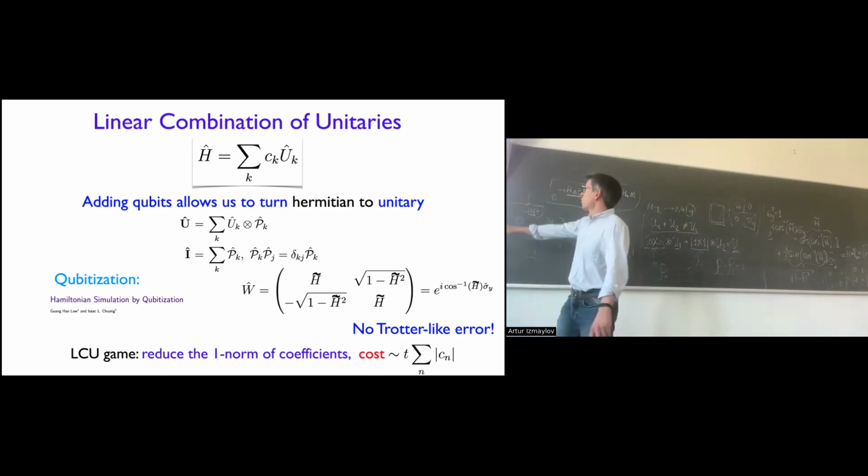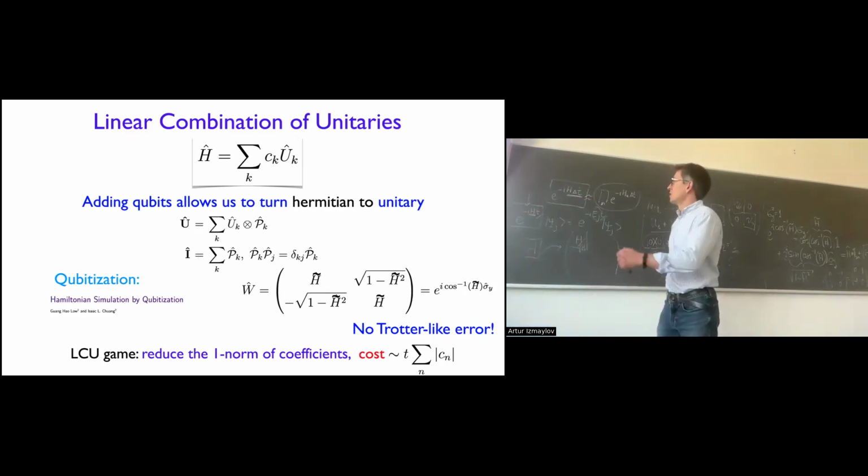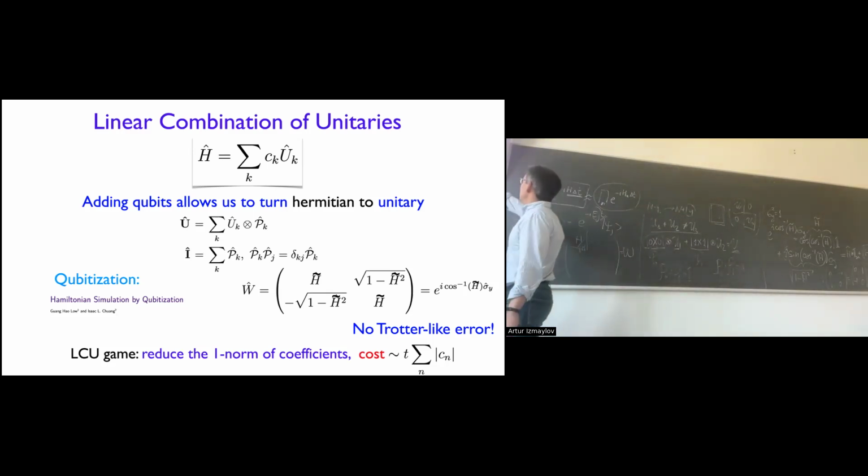Now, why this form is nice? Because, well, first of all, it clearly shows that things are now unitary, because this is product of Hermitian operator with something also Hermitian. They commute, and so then times I, it's anti-Hermitian. So exponential function of anti-Hermitian is unitary, clearly.